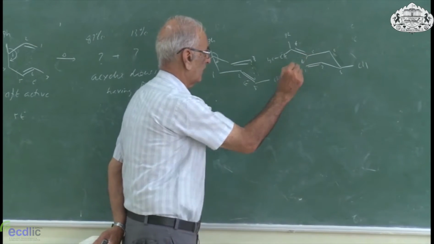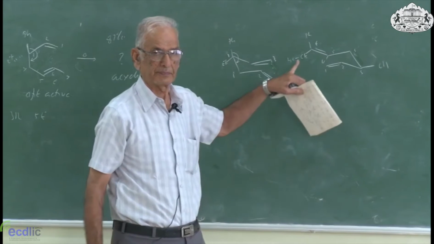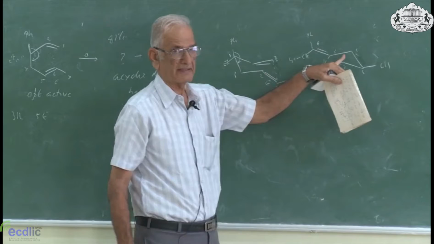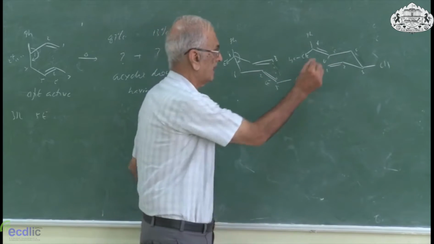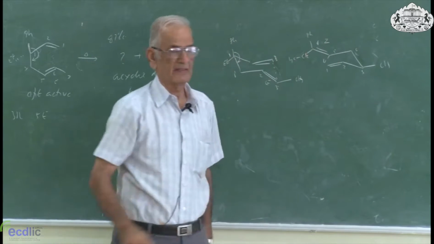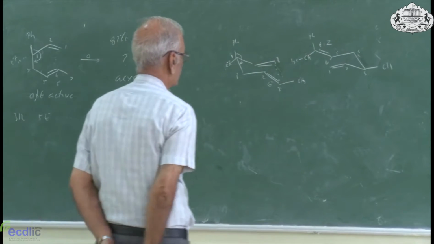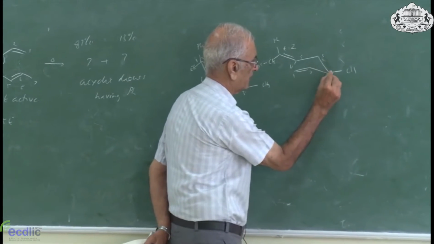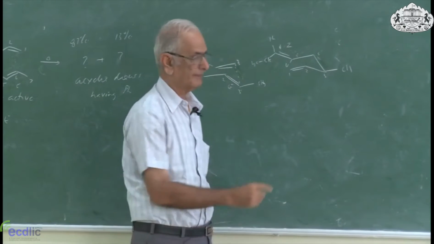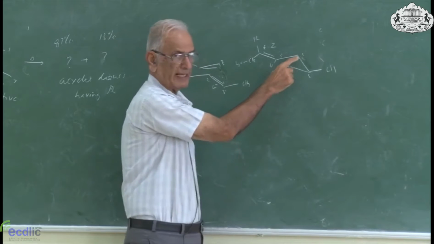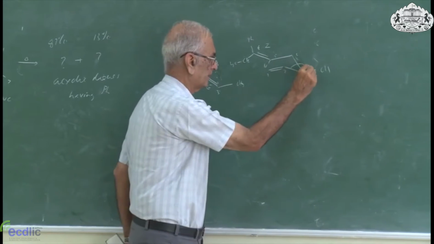What's the geometry of this double bond? Phenyl is high priority, this is high priority, they are on the same side. So, that is your Z. What's the priority order here? This is a carbon with a double bond, that's a saturated carbon.